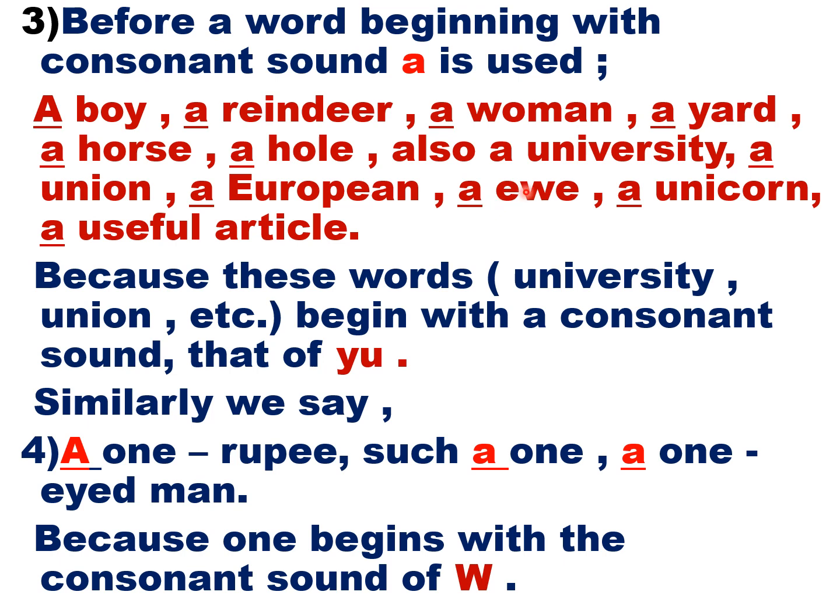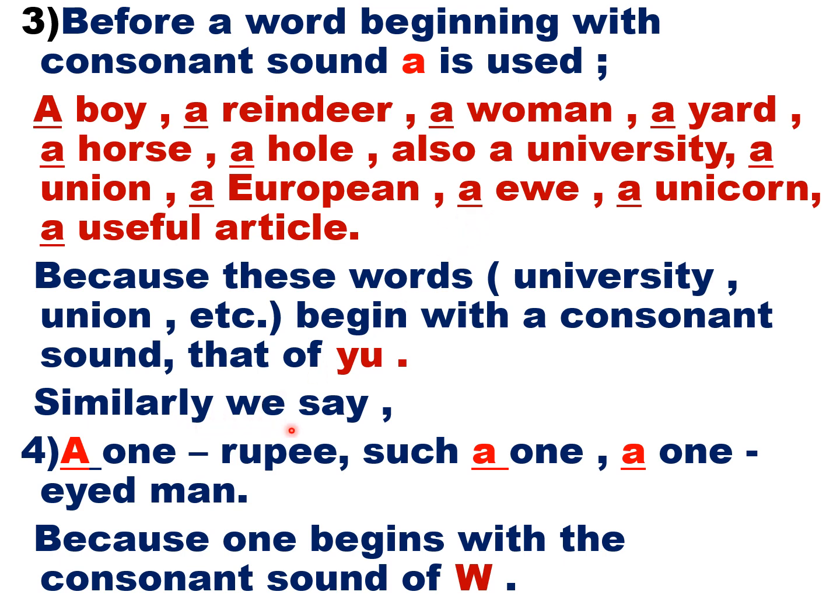These are not vowel sounds. These words begin with the consonant sound yoo. University, union, European, unicorn, useful. So we must use the indefinite article a only. We must not use the indefinite article an.